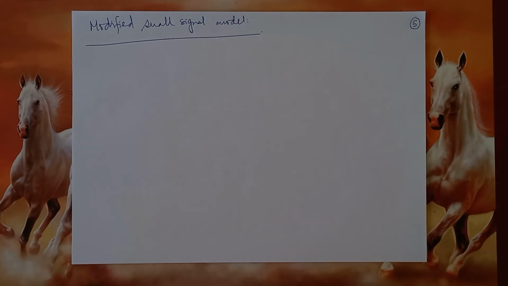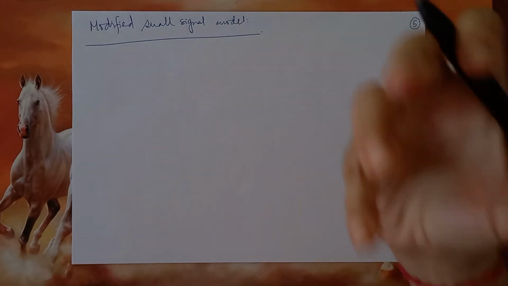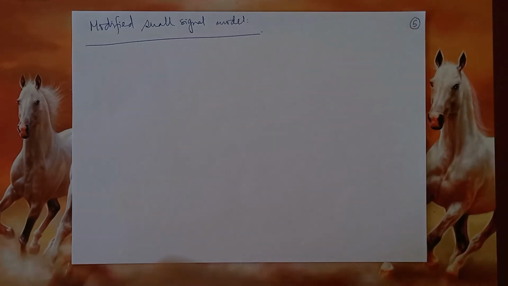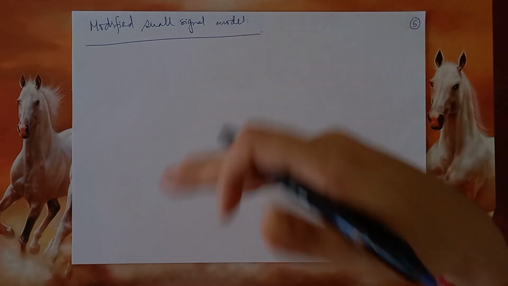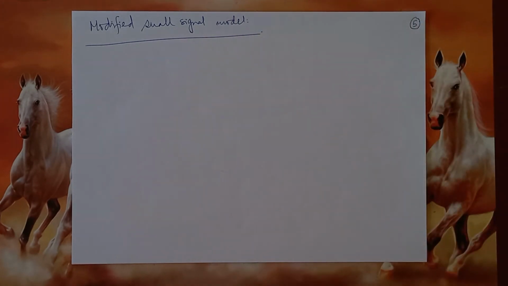Why then did we not include these capacitances for our low frequency also? Well, we could have included. Nothing stops us from including. But what happens is these capacitances, the CGS and CGD, are really small. So therefore, at low frequencies, these capacitors behave almost like open circuits. So therefore, that makes our life a lot more easy.